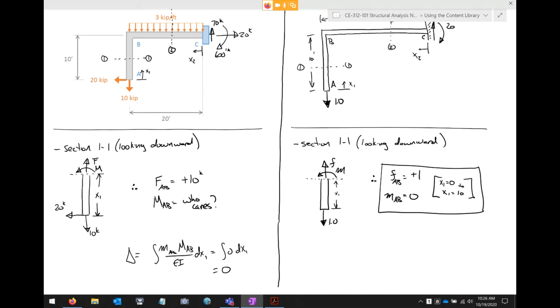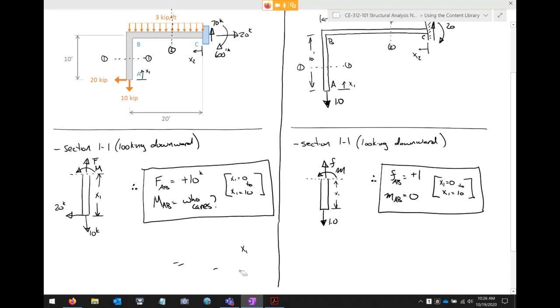So who cares about what the real MAB is? Because when you integrate them together, it's all going to be 0. And that's it. He's exactly right. So maybe what I'll do is I'll say x1 equals 0 to x1 equals 10. Box that up. And then maybe I'll erase this.